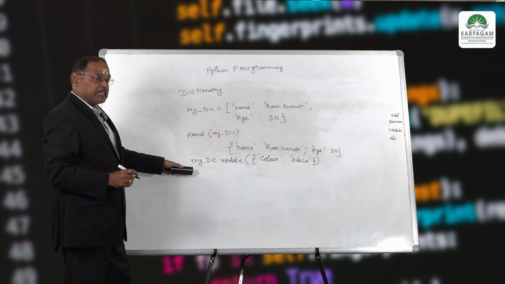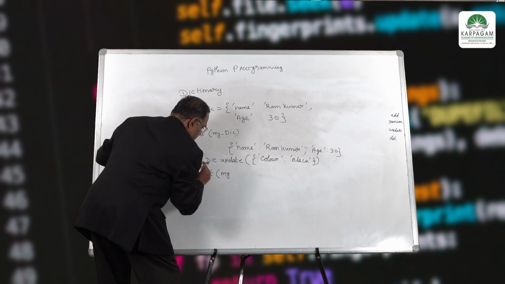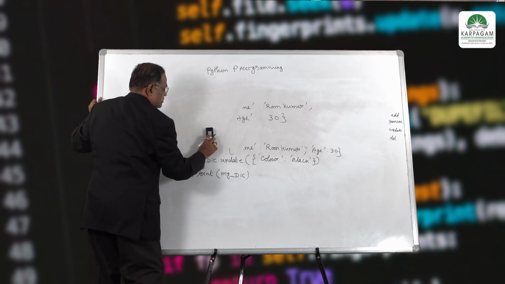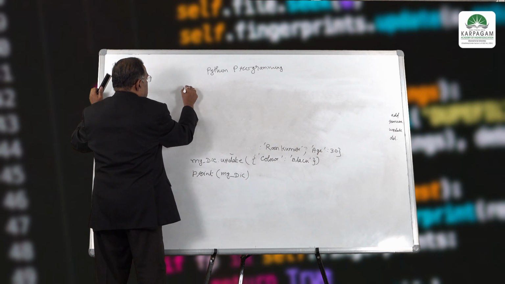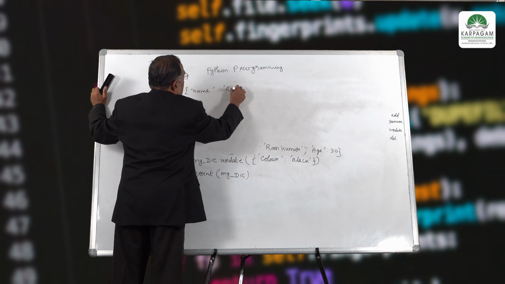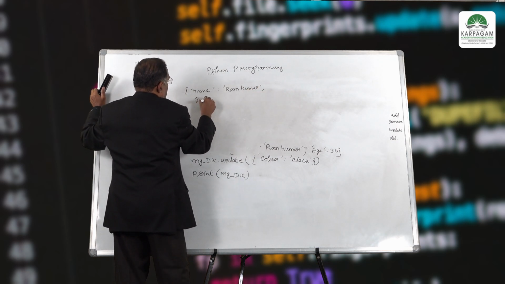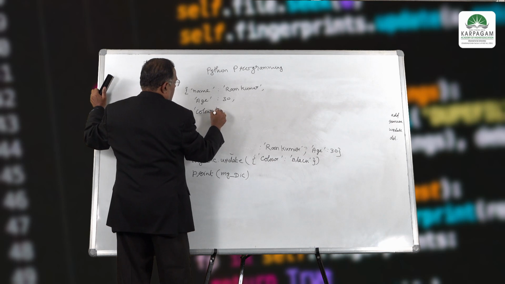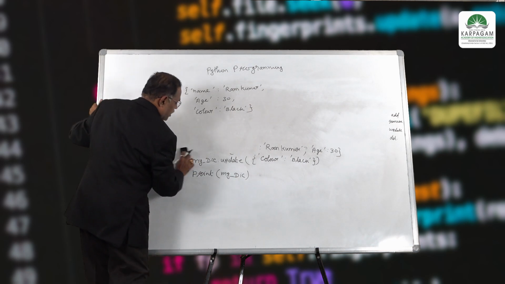Again I am printing my_dict. Print my_dict. Now my output will be name, Ram Kumar, comma, age 30, comma, color black. So this will be my output.